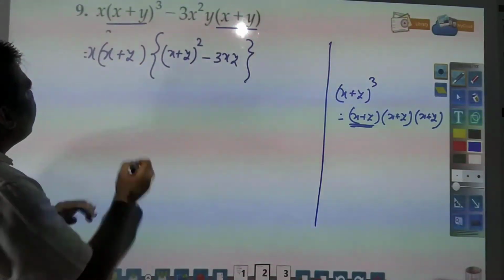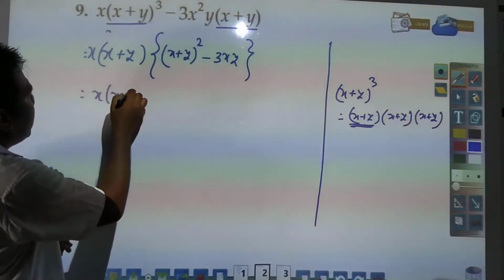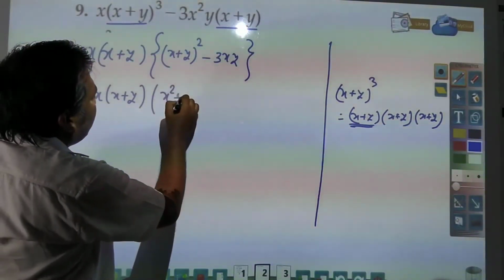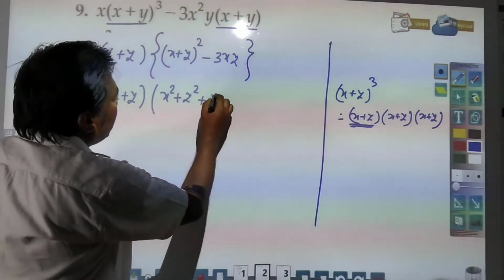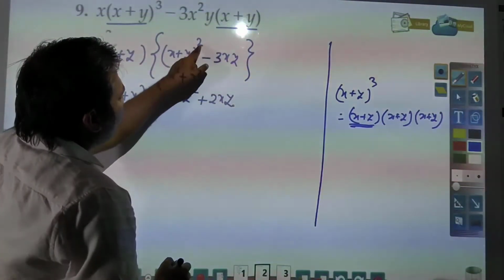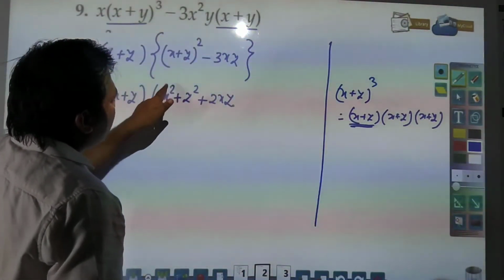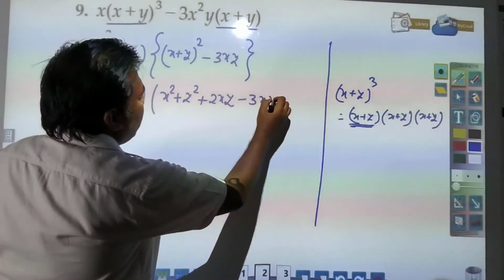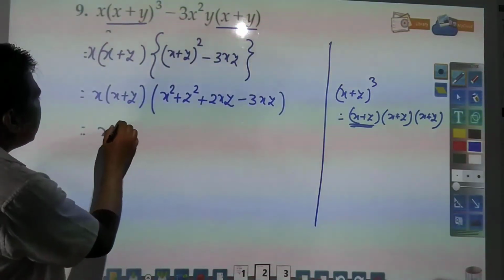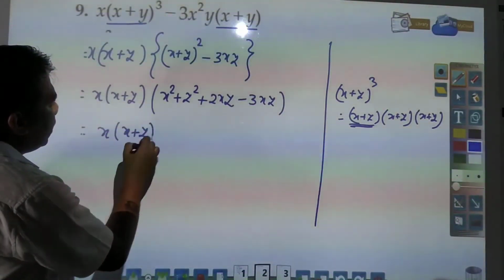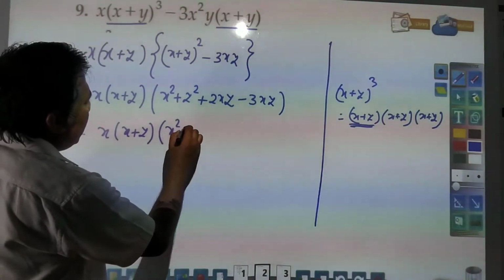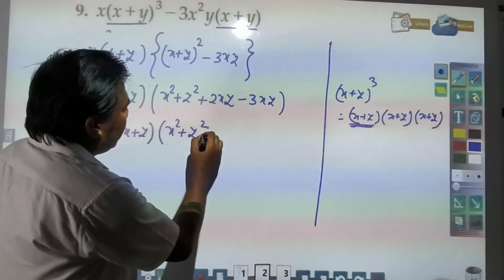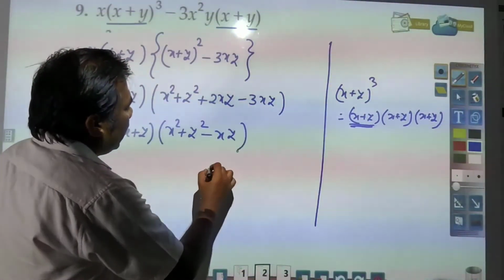So now we will simplify this. x into x plus y, and here you will have x plus y whole square, which is equal to x square plus y square plus 2xy, minus 3xy, and it will become x into x plus y, and here x square plus y square plus 2xy minus 3xy will become minus xy, and this will be your answer.